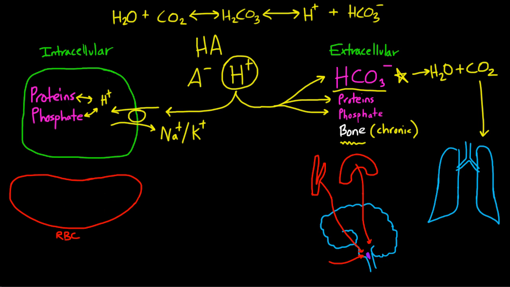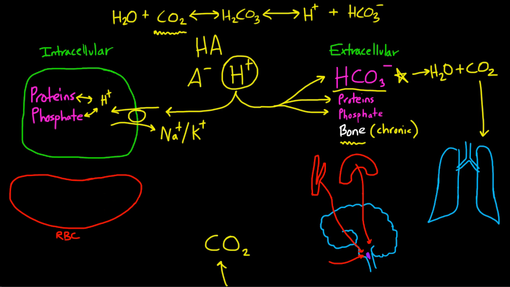Okay. The other type of insult to your body would be CO2, too much CO2 being produced. So what happens in response to this? Well, first, look at the top. Can extra CO2 be handled by our carbonic acid system?